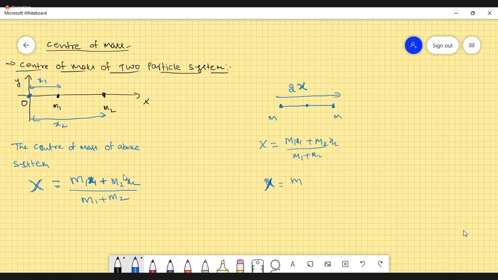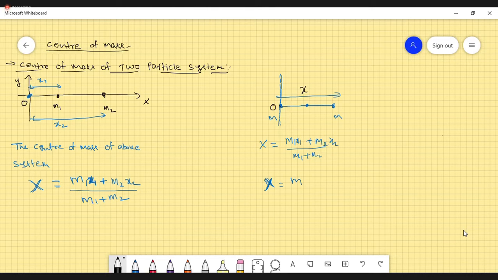We have to consider one fixed point. Consider this x1. What is x1? This is the origin, so x1 will be 0, right?